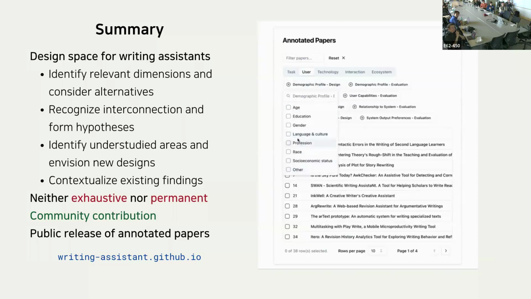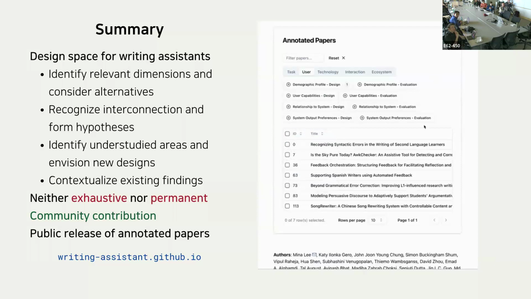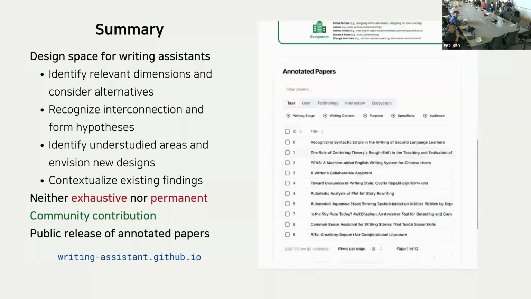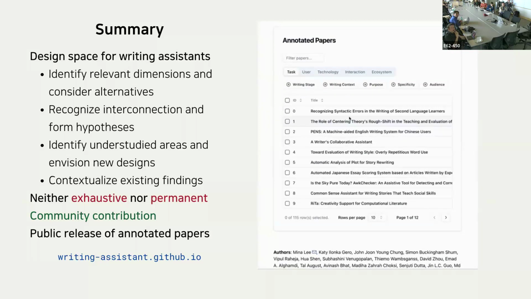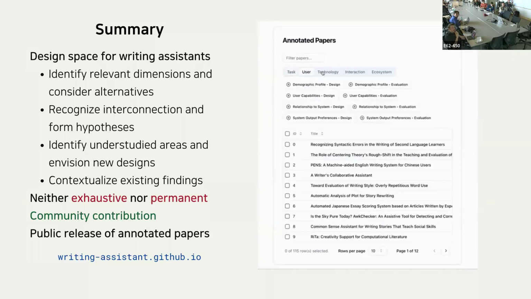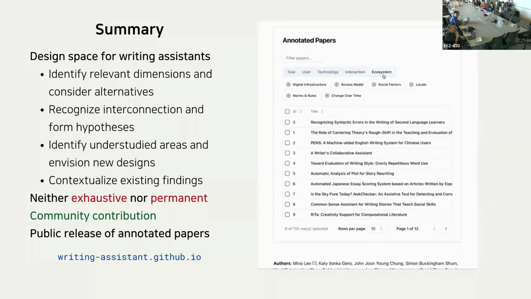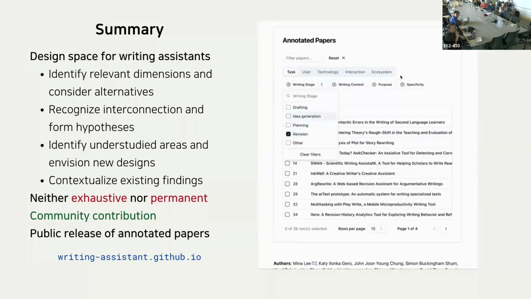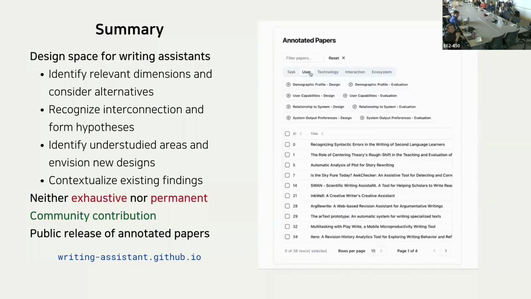We released the annotated papers on this super cool website Shannon built that you can click around the dimensions and codes to filter out the papers that are relevant to certain codes. And we believe that the design space can help you identify relevant dimensions and consider alternatives when designing a writing assistant, and recognize interconnection and form hypotheses, and also identify understudied areas, envision new designs and contextualize existing findings.